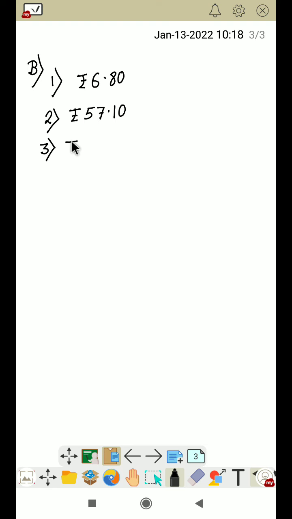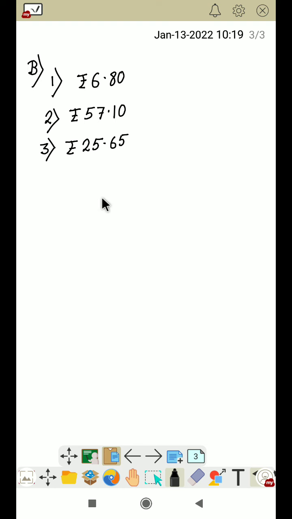So give the rupees sign here, 25 rupees, then the point, 65 paise. Before this point it is rupees, and after this point it is paise. Okay, this way you can solve the rest of the problems in question B also.